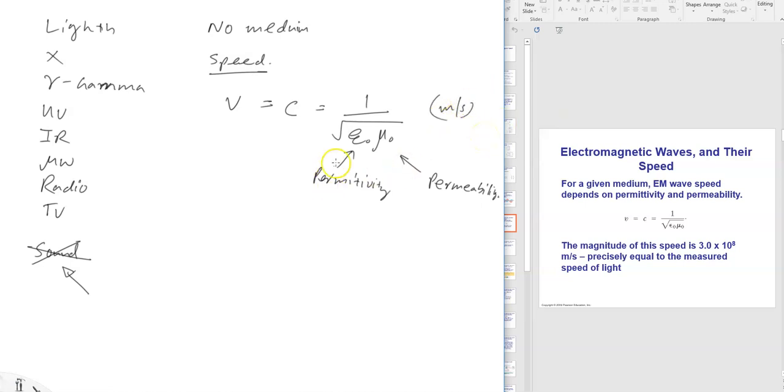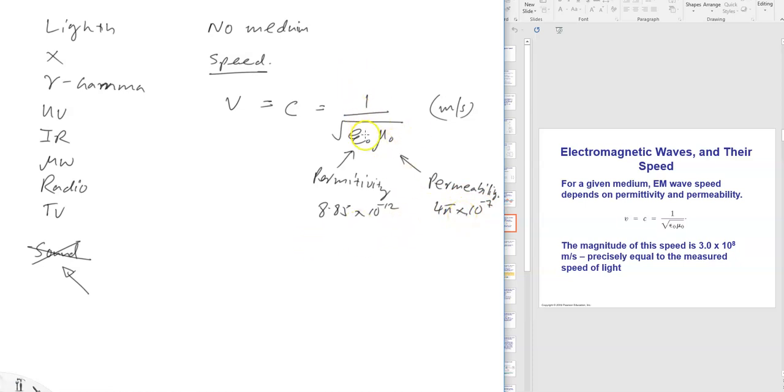Now you can give it a try. You can do the math and see what the number is. For an example, we know permittivity of free space is 8.85 times 10 to the negative 12. We talked about this some time ago. Permeability of free space 4 pi times 10 to the negative 7. We worked these things last week pretty much.